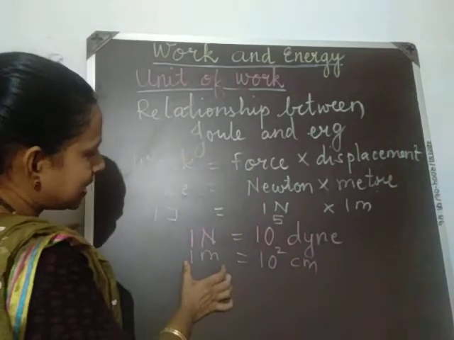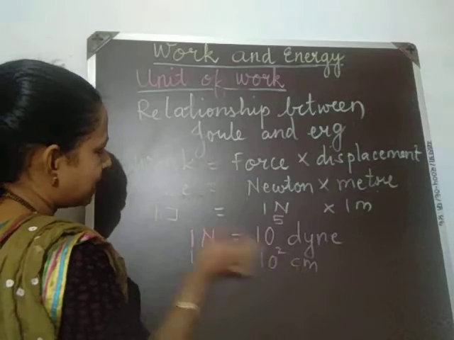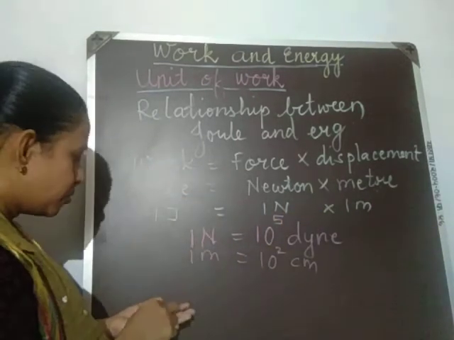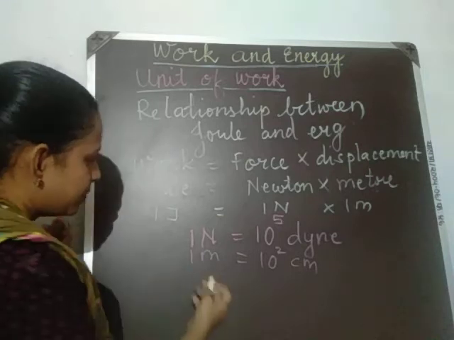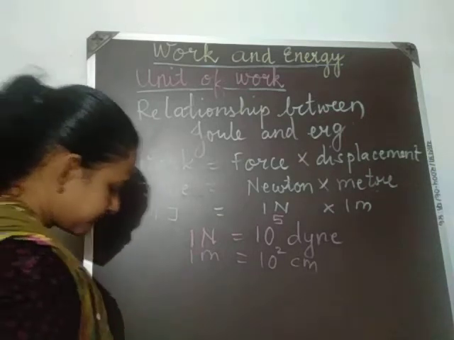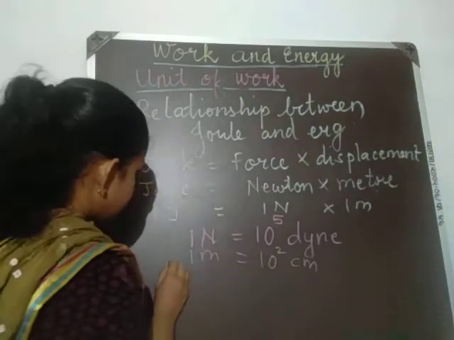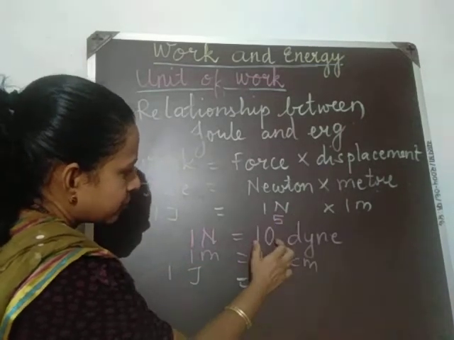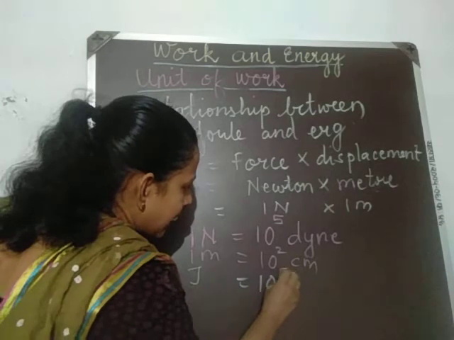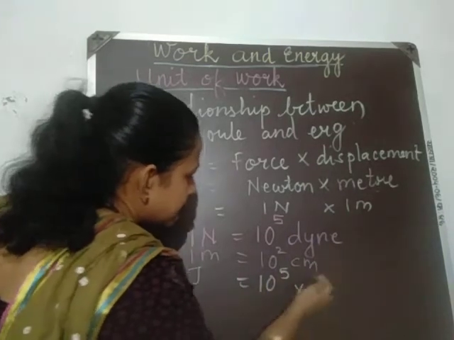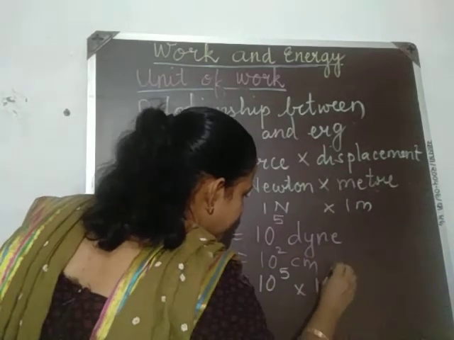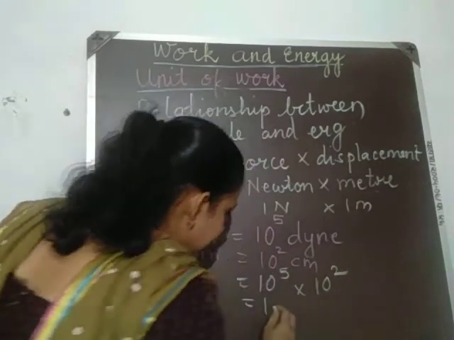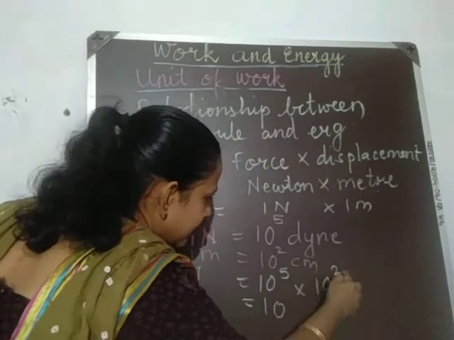So now we have to substitute these values in this equation, that is 1 joule is equal to 1 Newton into 1 meter. So when we substitute, 1 joule is equal to, in place of 1 Newton we substitute 10 raised to 5, and in place of 1 meter we substitute 10 raised to 2.